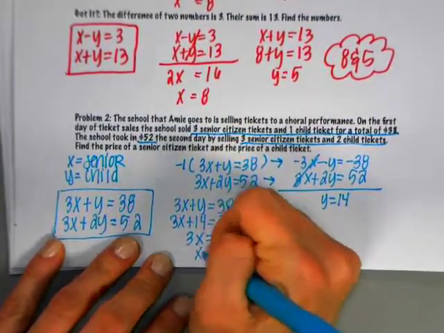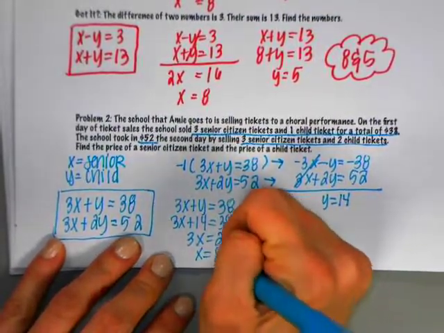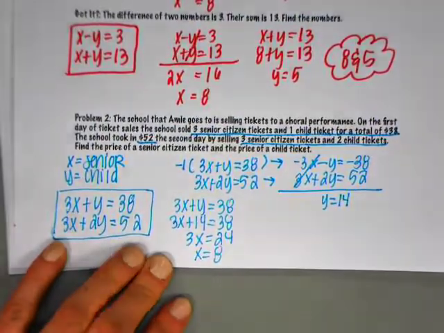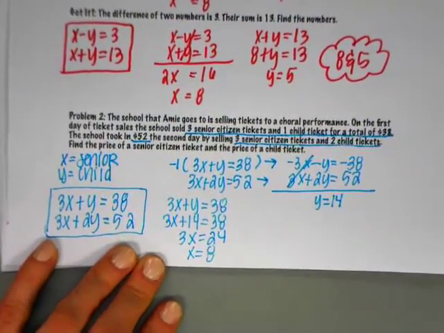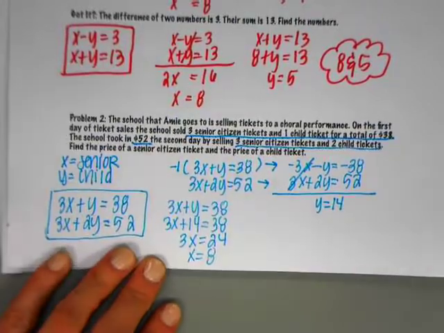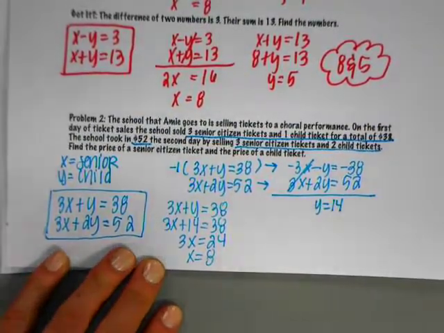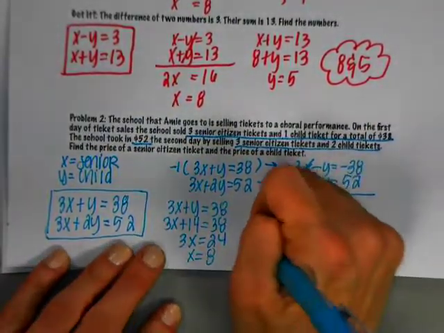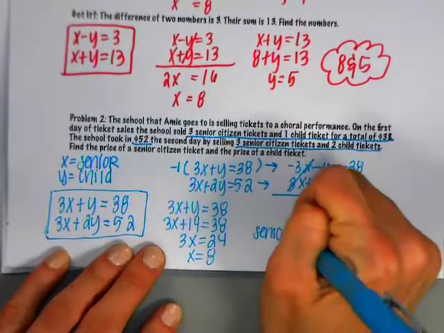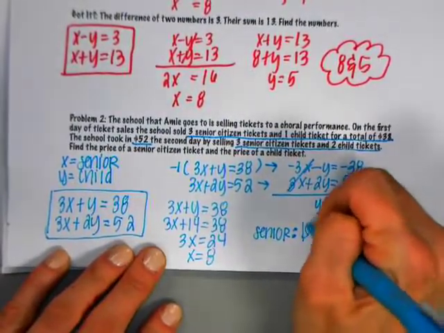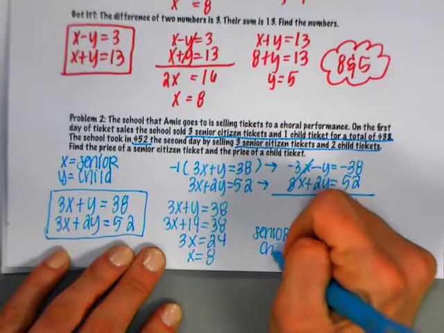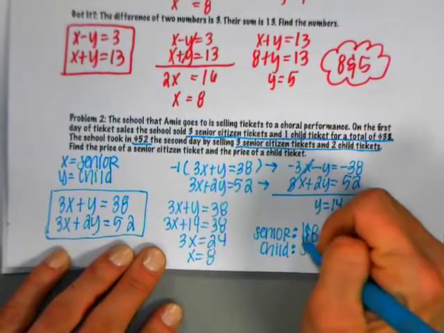So what does x equal? 8. Yep. And then those are pretty much meaningless until you connect them back to what x stands for and what y stands for. Okay. So how much is a senior ticket? Senior ticket was X, so $8. And then how about a child ticket? $14.